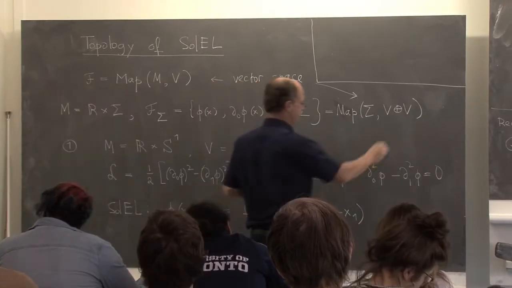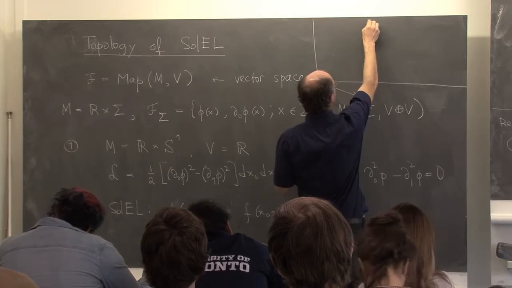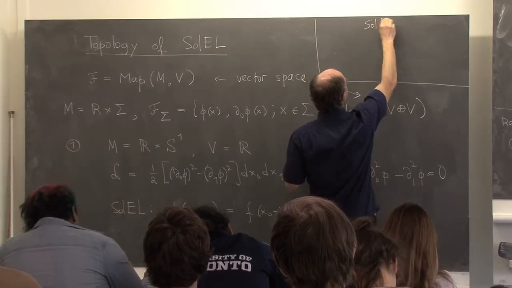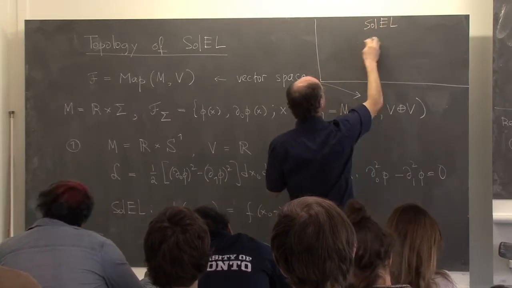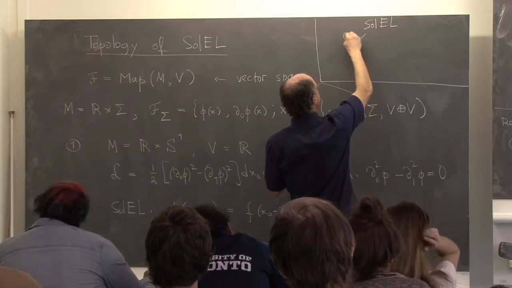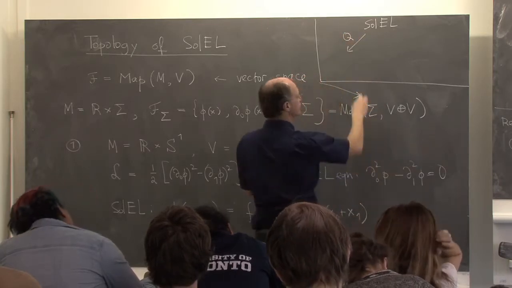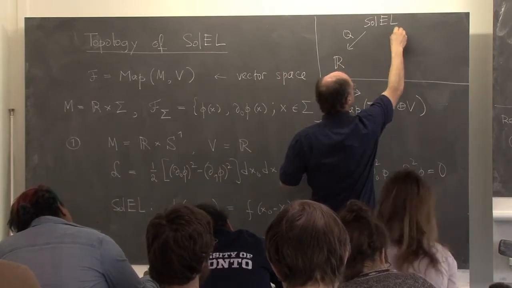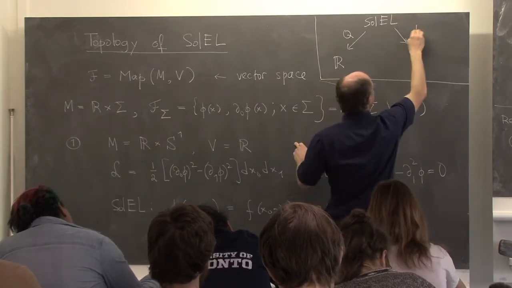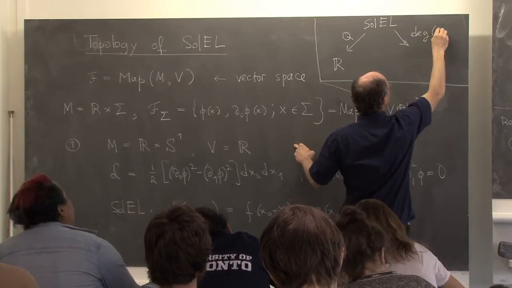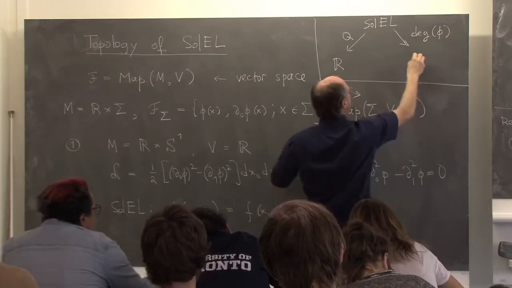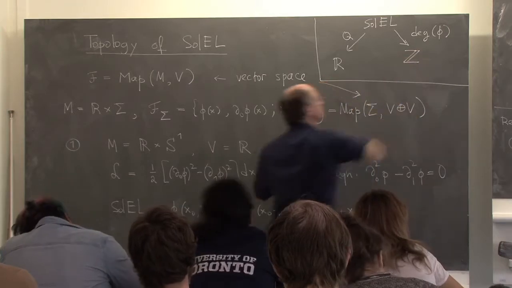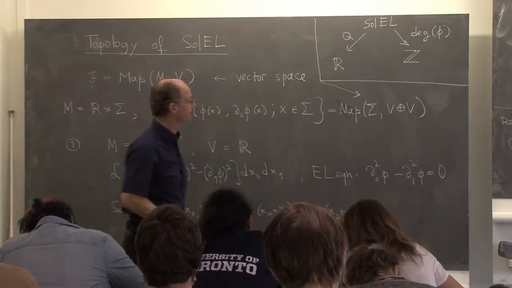So we have our Sol EL. We have this Noether charge Q, which maps it to R. And we have this topological charge, or whatever, degree phi, which maps it to Z.